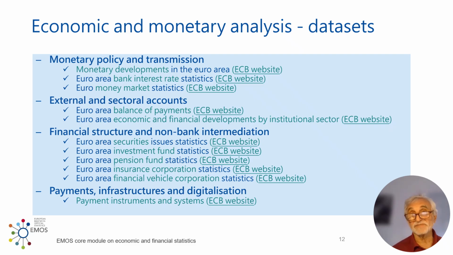A lot of data is bought from the market because it wouldn't make sense to produce it in the central bank if it already exists in the market. So data on exchange rates, data on asset prices, many other parts of the market are data which you can buy in the market, and if the quality is appropriate, you can rely on those.